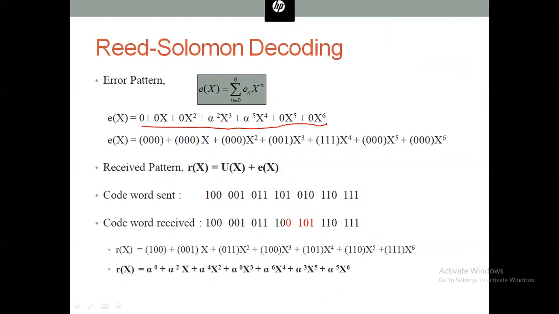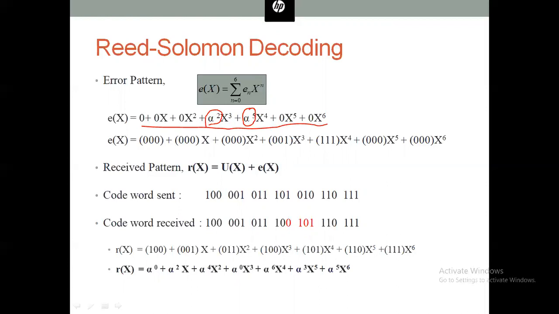So it is able to correct two symbol errors. So all the error patterns we can assume are of two symbol errors. So that error pattern is of two symbols, at the location x3 and at the location x4.